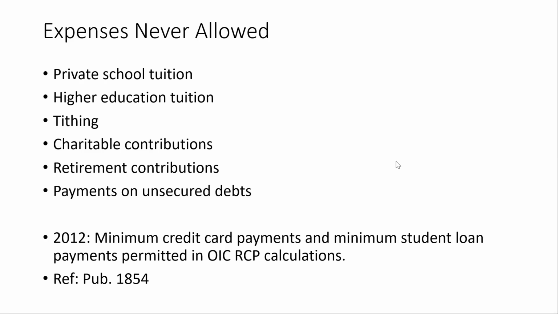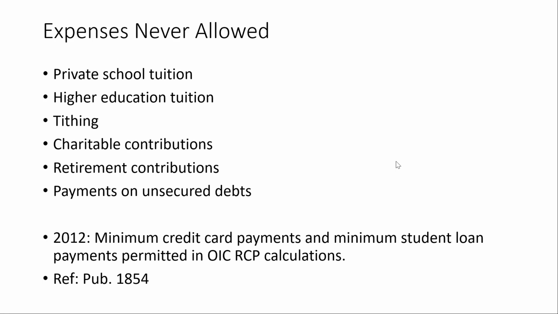Now, can you get private school tuition approved as a conditional expense? Sometimes, yes. Okay. The places where we most often see this is if a child is in a public school system, the child is a special needs child, and that school system simply does not have the programs to accommodate that child's special needs.